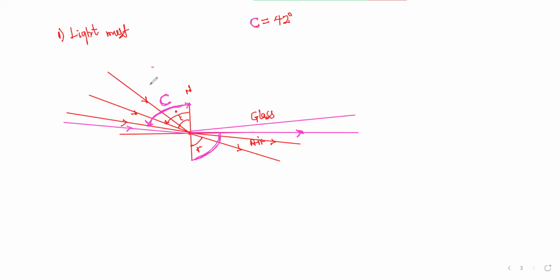That is all that I'm saying. So for total internal reflection to occur, one, light must be incidented from a more dense medium into a less dense medium. And two, the angle of incidence in the more dense medium must be greater than the critical angle of the material.